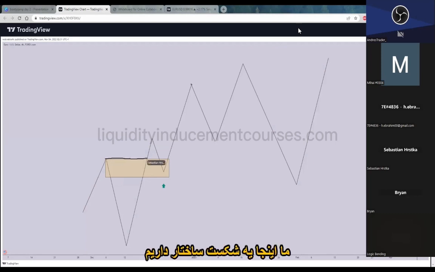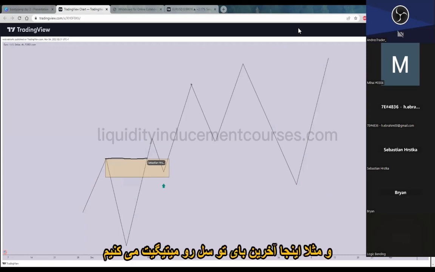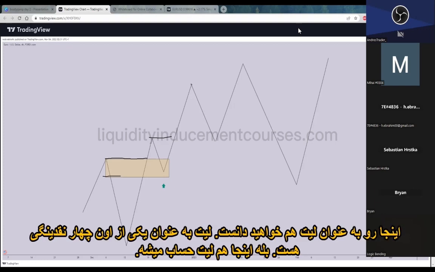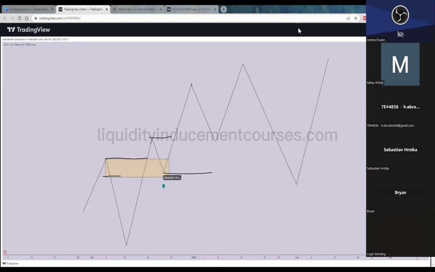We have a breaker structure, for example, then we mitigate the last buy to sell, and after it must break structure. We are going to eliminate LIT, because LIT will always fall in one of those four liquidity types, but yes, it's LIT, simply said.